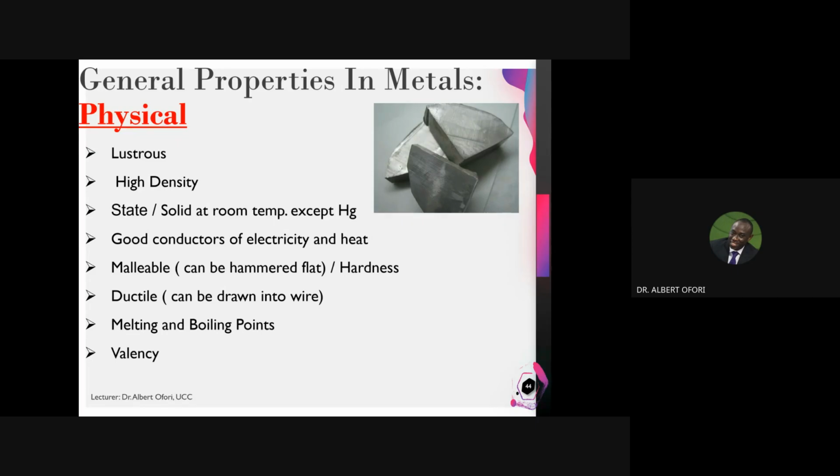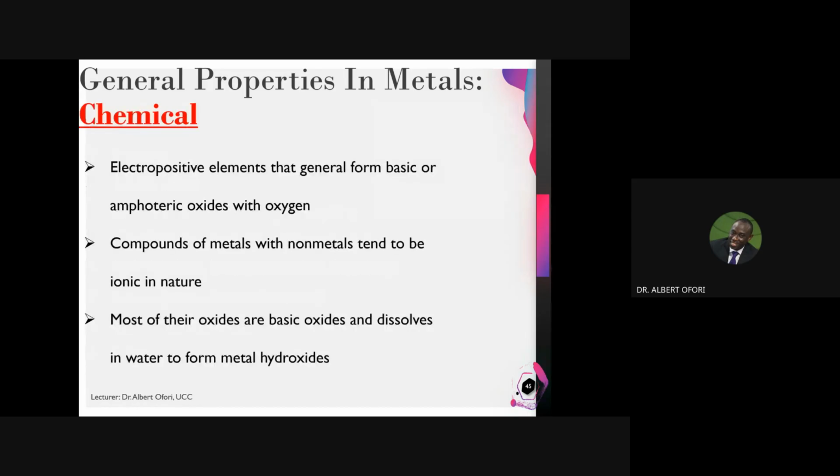If you cross 25 to 26, some like cadmium become liquid. So not only mercury is a liquid metal; depending on the temperature, other metals can melt as well. Then they are good conductors, malleable, ductile, brittle, with high melting points. If they are liquid, they have high boiling points, and they have good valencies.